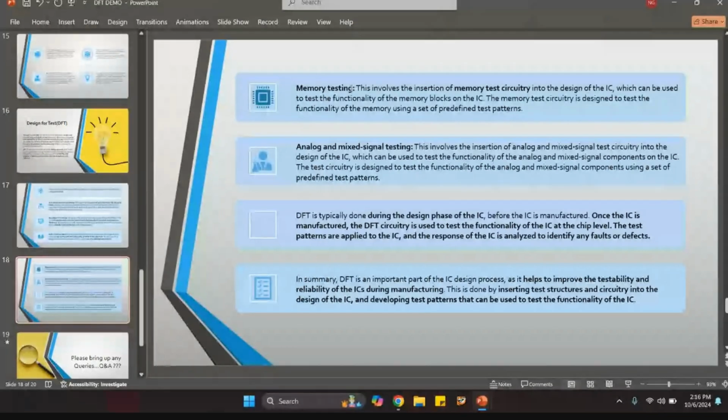And for analog and mixed signal testing, there is a separate thing. All of this will be done during the process of designing an IC. As I said, DFT falls after the RTL design engineer. DFT is going to take that RTL, test that RTL and insert the DFT logic.